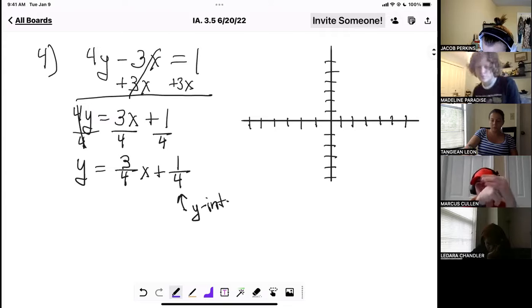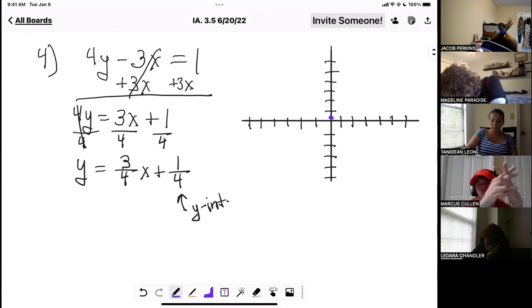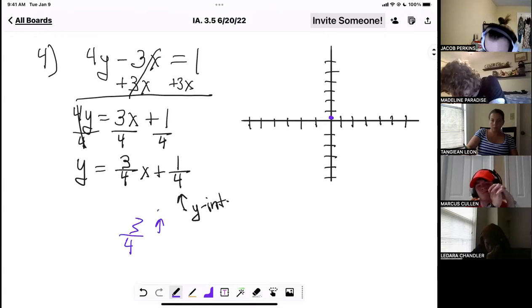All right, so we start with the y-intercept, which is 1/4. So you're going to, as best you can, put a dot at 1/4. And then the slope is 3/4. So 3/4 means we're going to go up 3. It's a positive slope, so I'm going to go to the right 4. Just be careful with what up 3 means.